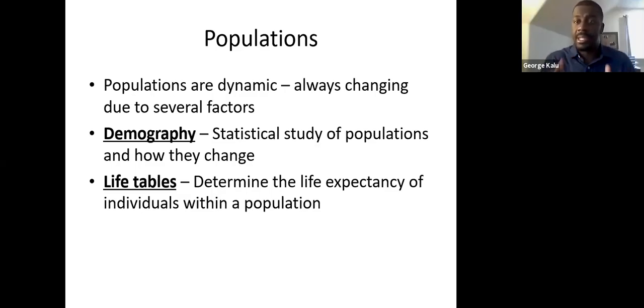But there's always going to be some factor at play that causes those changes to occur. So that's called population demography. And then we can also use another tool called life tables. Life tables will help determine the life expectancy of individuals at each particular age group within a population. We'll take a look at how that looks in a second.